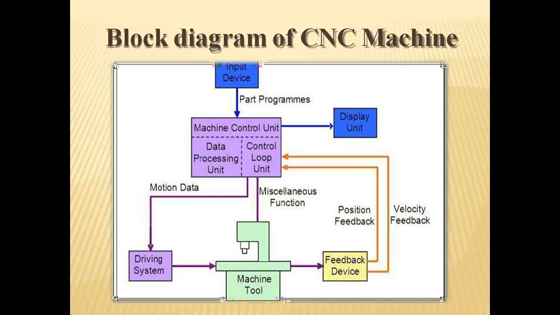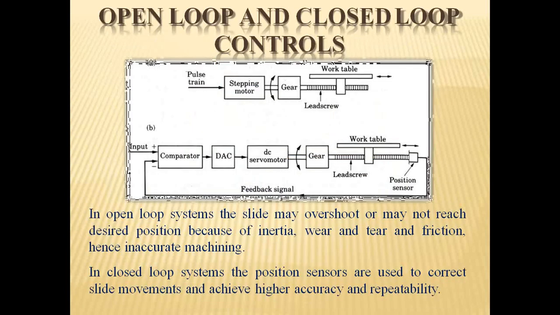There the data processing unit reads and interprets the data, and with this data the motion is given to the driving system, and this driving system gives the movement to the machine tool. With this movement of the machine tool, the CNC works. So this is the working of a CNC machine.